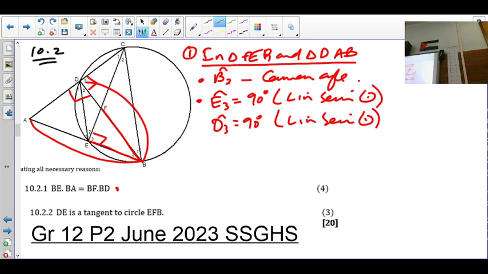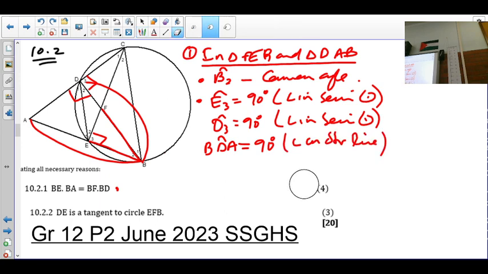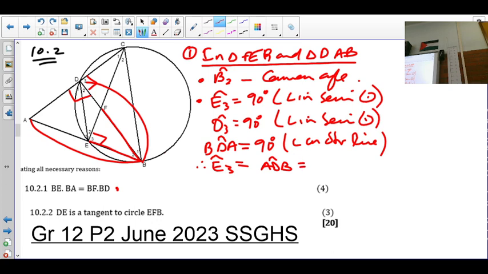Then BDA, or I could have said D1 plus D2, or angle D1 and D2. All of that is going to be the same thing. It's also equal to 90 degrees, angles on a straight line, because it's just written straight line. So therefore, E3 has to be equal to ADB, which is equal to 90.